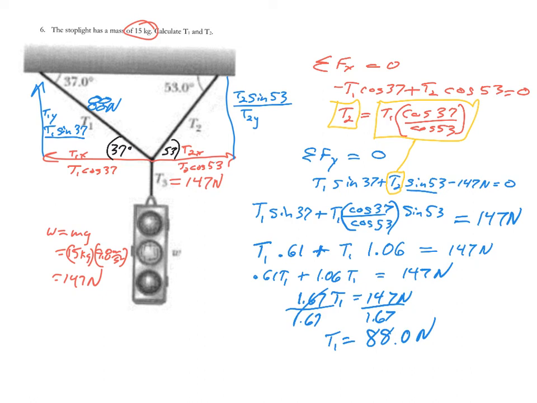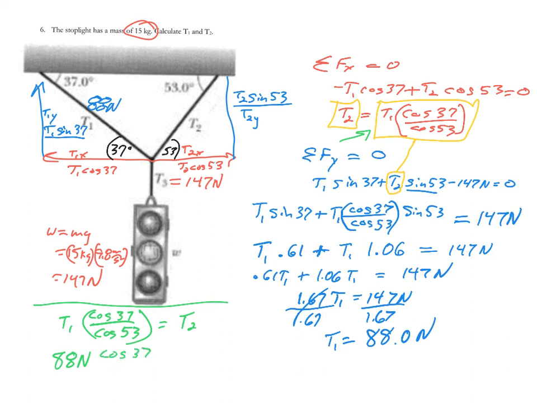Now, I'm going to bring this down over here because I'm running out of room. T1 cosine of 37 divided by the cosine of 53 equals T2. I know T1 is 88. I have to multiply that by whatever the cosine of 37 over the cosine of 53 is.